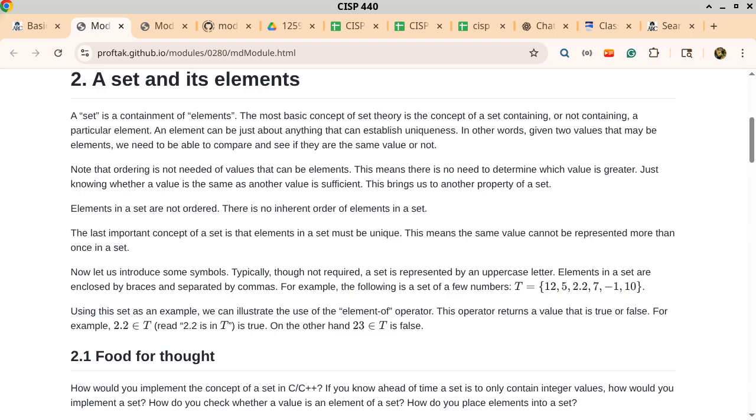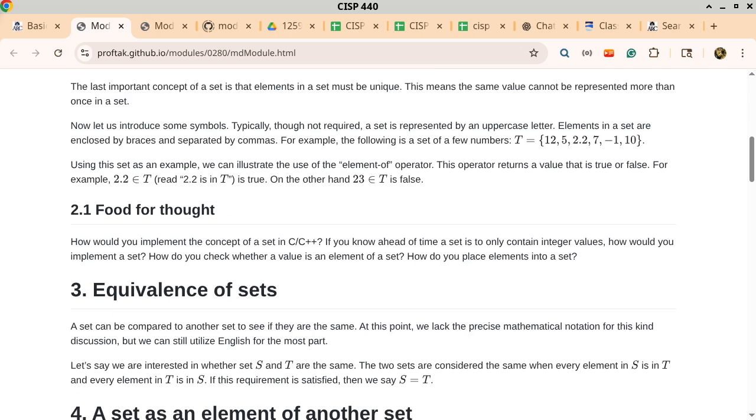All right. So food for thought is, why do we even need to understand the concept of a set in programming? Because after all, in CISP 360 and CISP 400, I don't think you had a use for the concept of a set. Vectors or arrays, yes, those are pretty important. You talk about sorting and searching and things like that, but not so much a set.